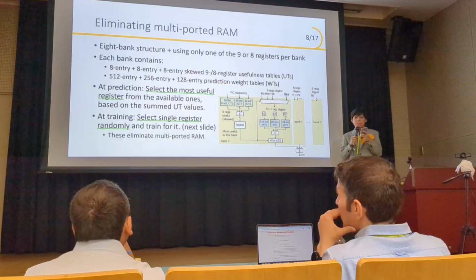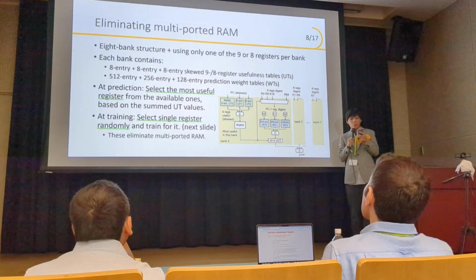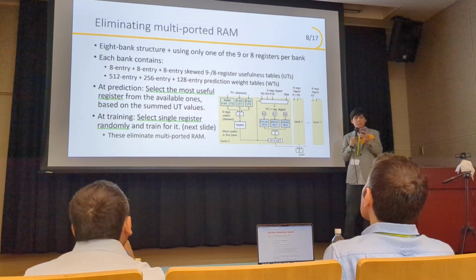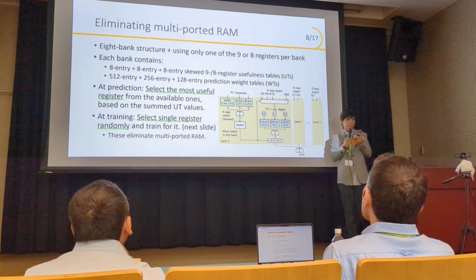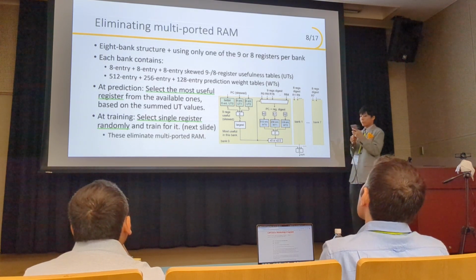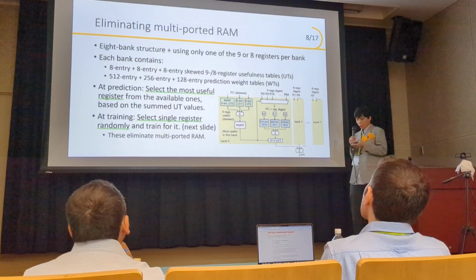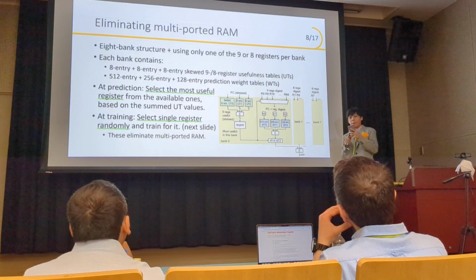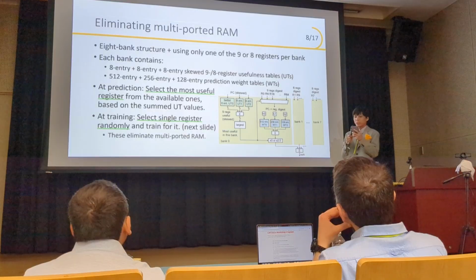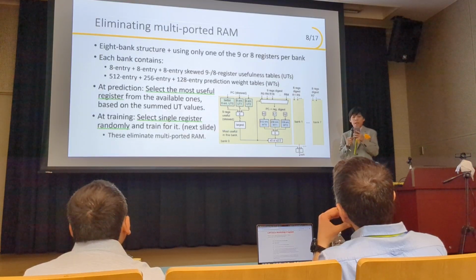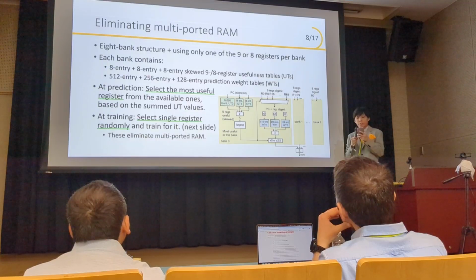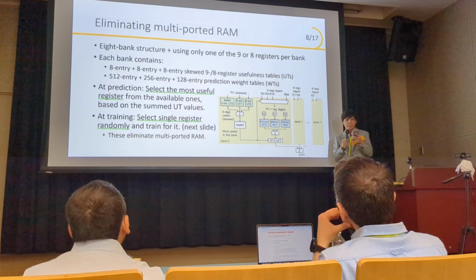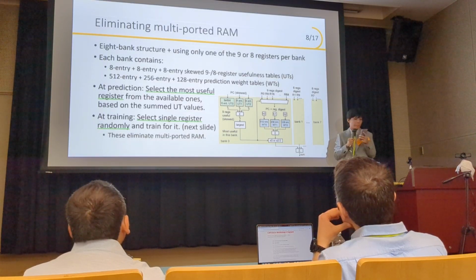In each bank, we use at most 1 register for table access, thereby eliminating the need for multiport RAM. At prediction time, we pick the single most useful and available register in each bank and use it. At training time, we update one randomly chosen register per bank. That's the idea. Details on the next slide.